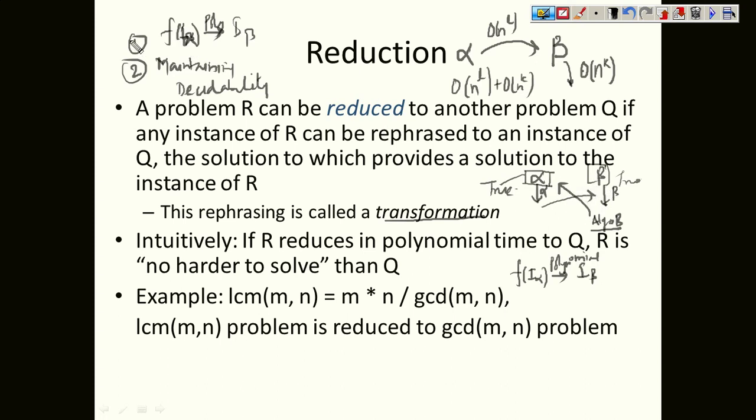If both of these things are maintained, then you can say that you are able to reduce the alpha problem to the beta problem. And if the beta problem has a known solution, that known solution can also work for the alpha problem. This is the concept of reducibility.